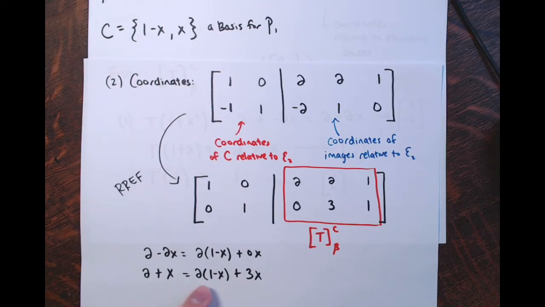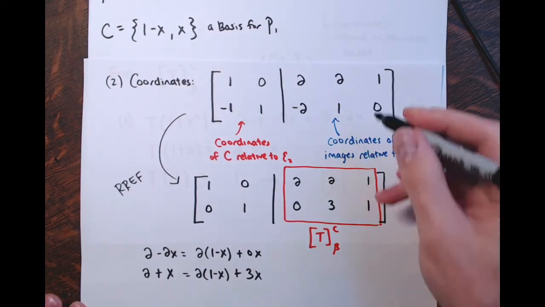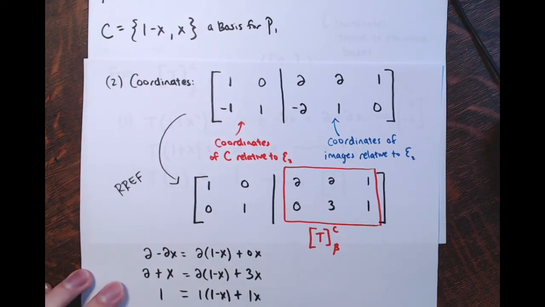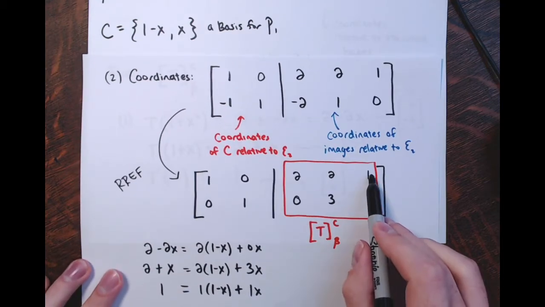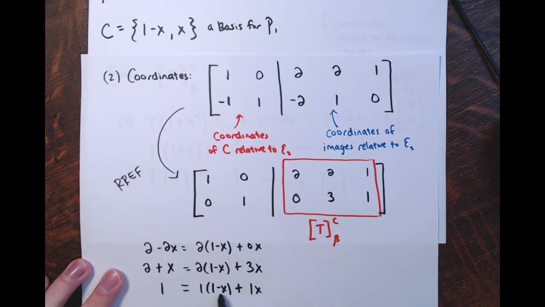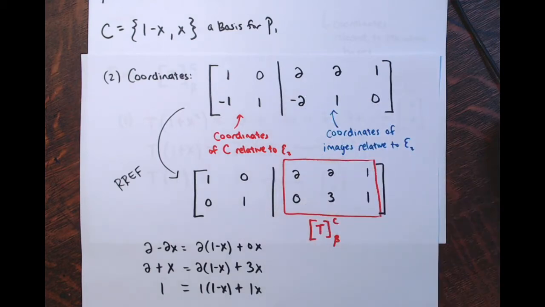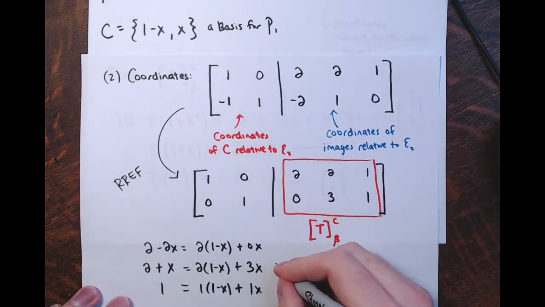And that's clearly true. And then 1 is 1 times 1 minus x plus 1 times x. Right? 1 times 1 minus x plus 1 times x gives me 1. So these perfectly represent the coordinates of those images relative to C. All right, so check on all those.